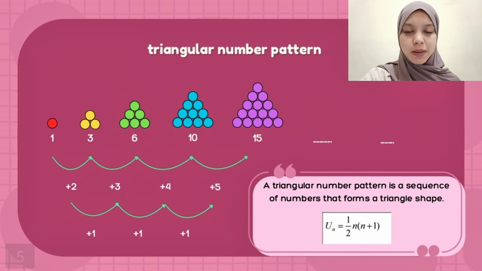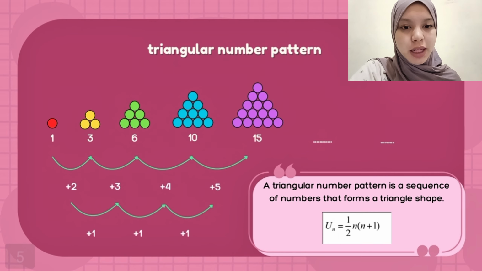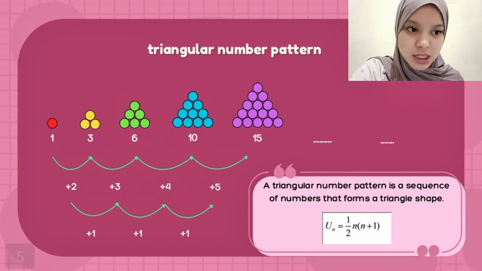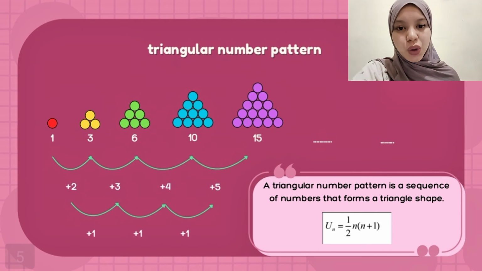Okay, triangular number pattern is a sequence of number formed by adding natural number in order. This number can be arranged using dot to form triangular shape, which is why this pattern is called the triangular number pattern. The sequence of triangular number is 1, 3, 6, 10, 15, and so on.